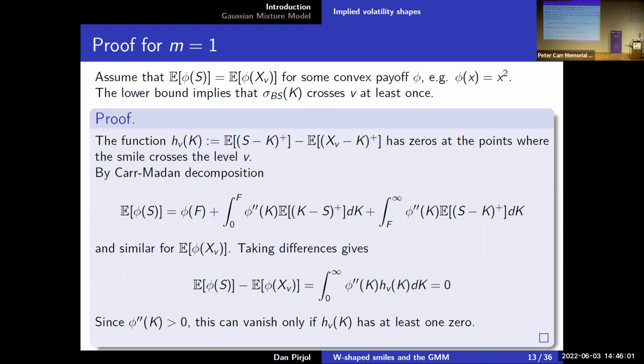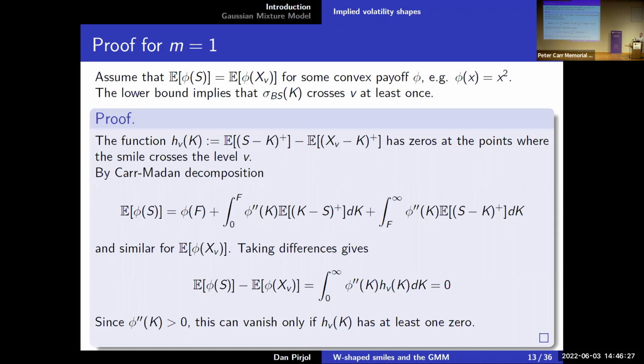Now this difference is 0 by assumption, because the two payoffs are priced equally, and the payoff is positive, so the second derivative is positive. The only way that the integral can vanish is if the function h sub v has at least 1 zero. So that proves the claim. The implied volatility crosses this level V at least once.